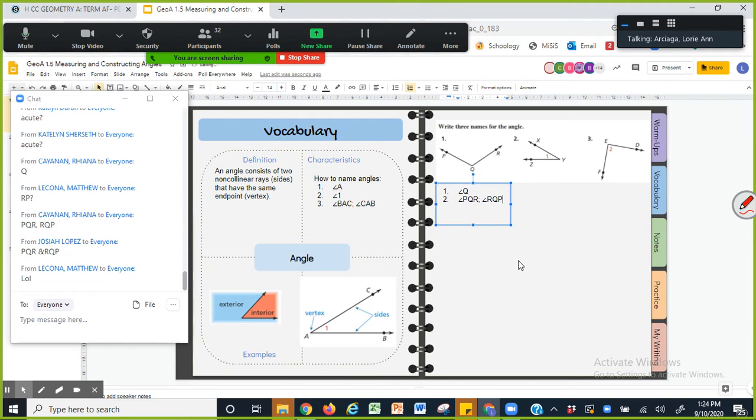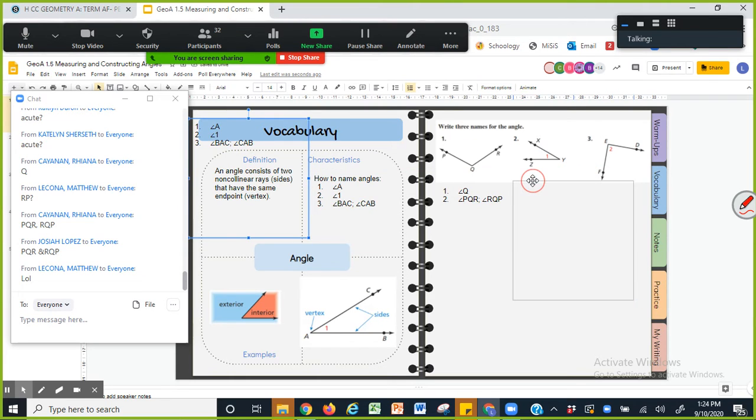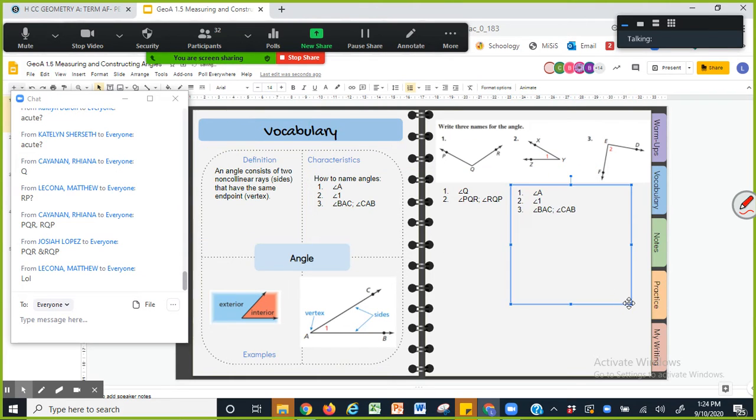Okay. All right. So now let's move on to the second example. All right. So now I'll do the same thing. What's the vertex letter?